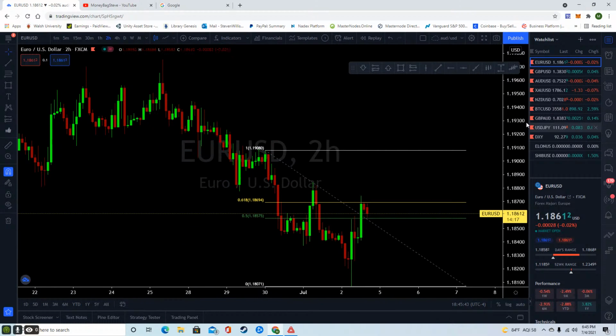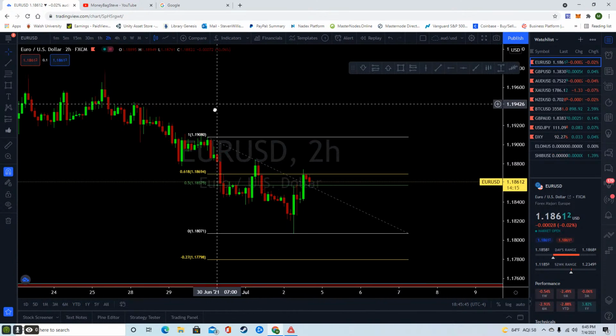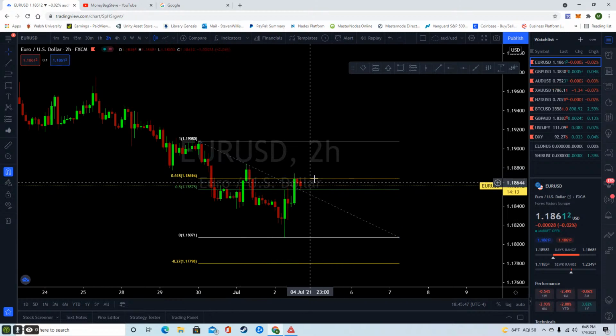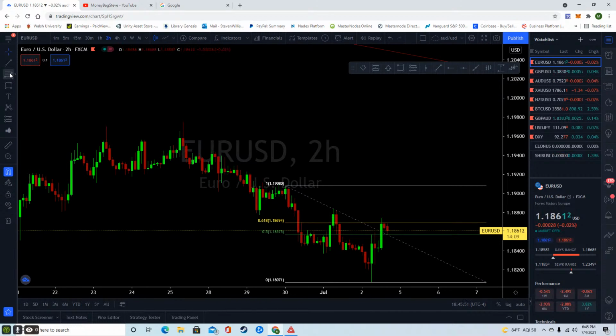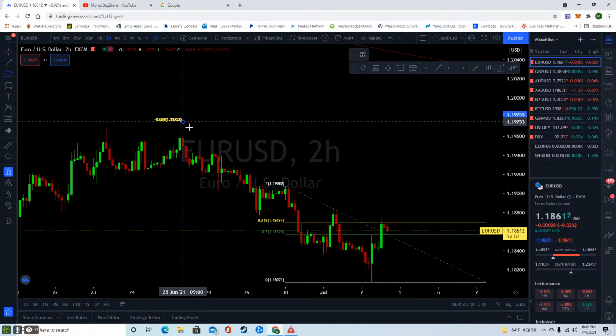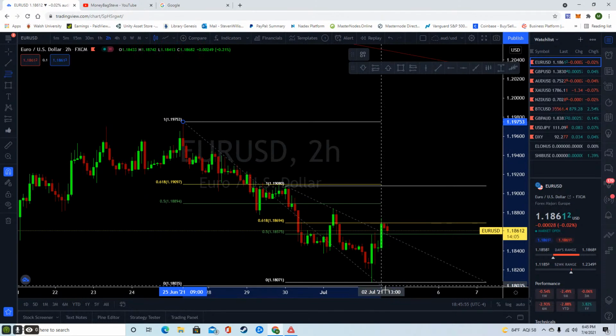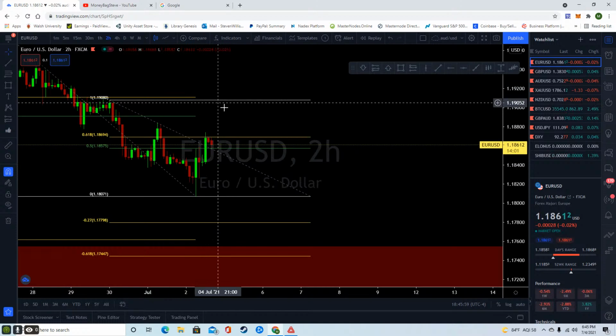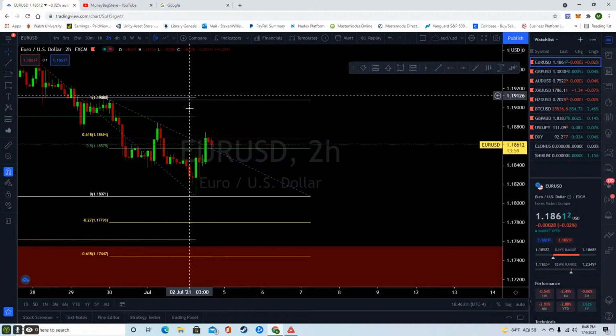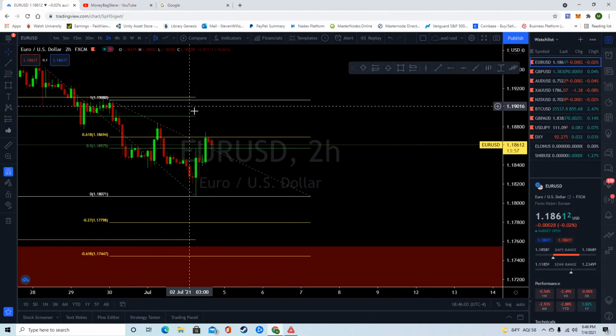So we could technically do another Fibonacci. Say if it breaks through this and keeps going up, we can take another fib from here, which is the highest point, to the same point right here. So if it breaks through this, we'll be expecting it to drop from this point right here.